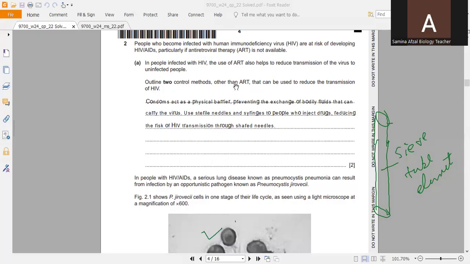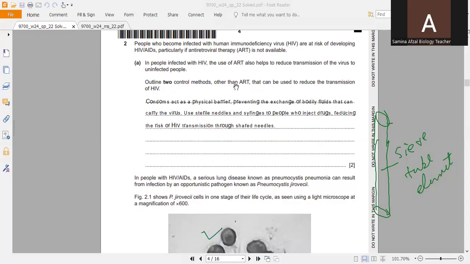HIV causes AIDS, acquired immune deficiency syndrome, which is a sexually transmitted disease. So condoms can be used to prevent the exchange of body fluids, because in this way the virus can be exchanged from person to person.